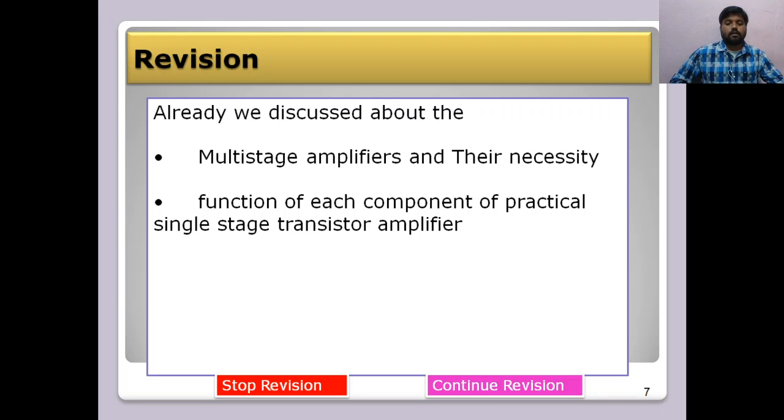There is a common emitter transistor amplifier with a self bias, that is R1 R2 for providing the self bias, RE is for temperature stabilization, and CE for emitter bypass. Cin is an input capacitor and CC is a coupling capacitor for a single stage practical transistor amplifier.